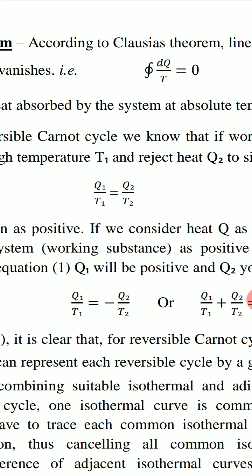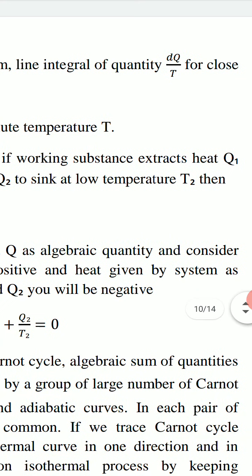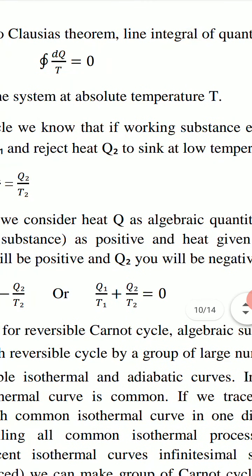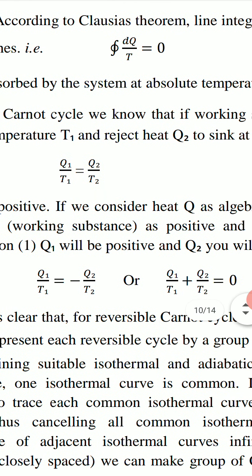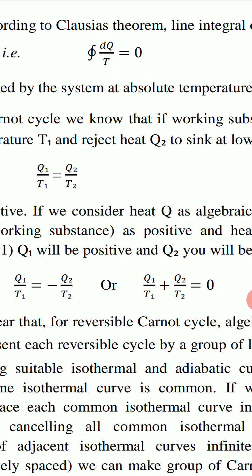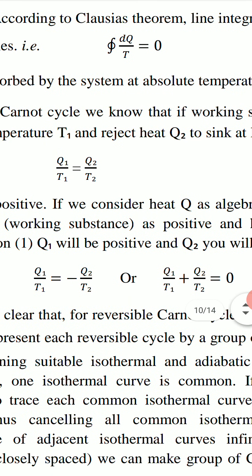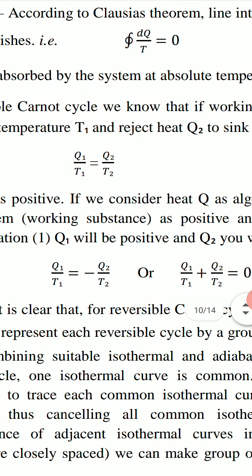So according to Clausius theorem, line integral of quantity dq upon T for closed reversible cyclic process vanishes. Integral dq upon T equal to 0 for closed reversible process.